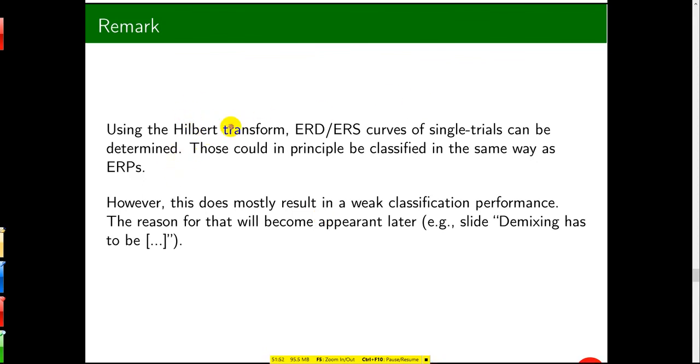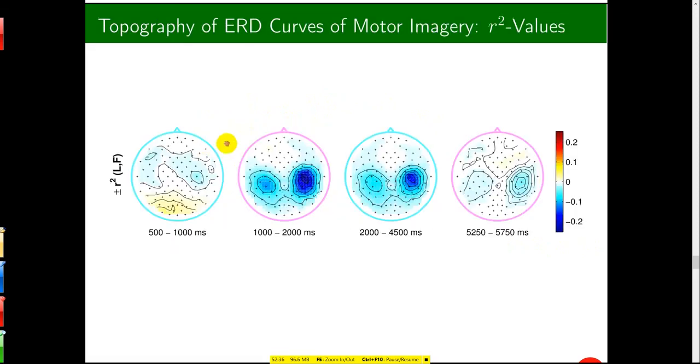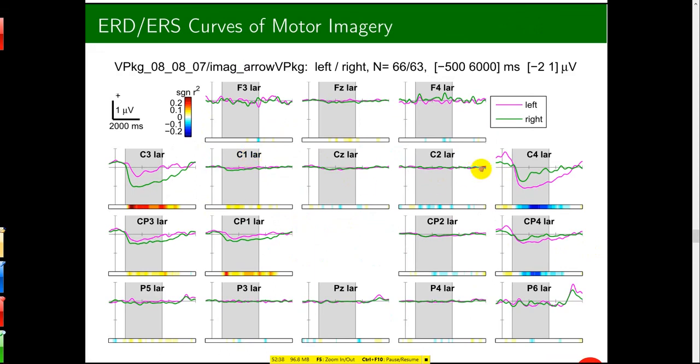And what does Hilbert transform do? It actually captures the envelope of the signal. We can use that and feed it as an input to the classifier. However, the mixing has an effect, so usually it results in weak classification performance. So Hilbert transform will do the same thing.